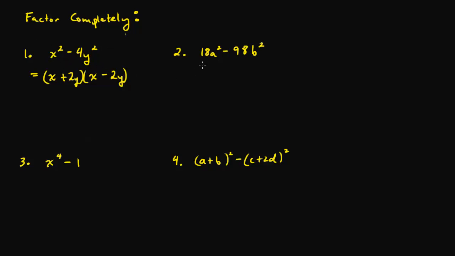In question number 2, I've got 18a squared minus 98b squared. So remember that the first thing that you should always do when factoring is to look for common factors. So although 18 and 98 aren't perfect squares, if I common factor out 2, I get 9a squared minus 49b squared.